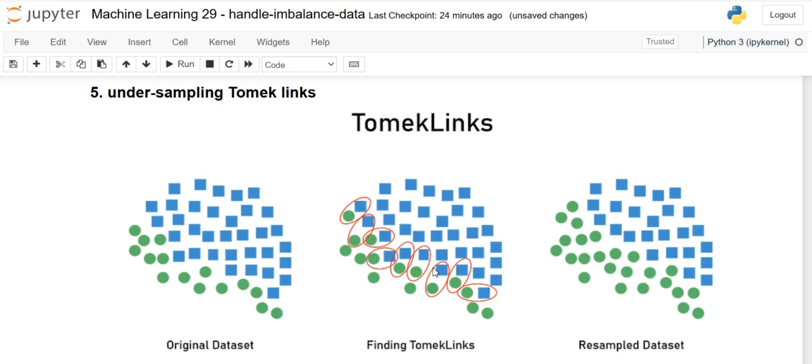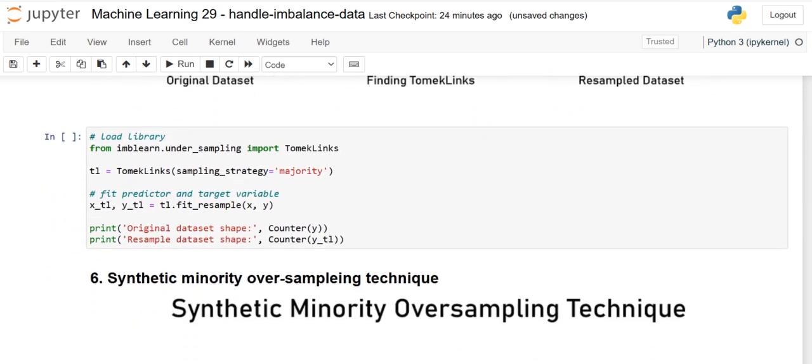Removing the instance of the majority class of each pair increases the space between the two classes, facilitating the classification process. Tomek links exist if the two samples are the nearest neighbors of each other. Let me go with the code here and apply it.